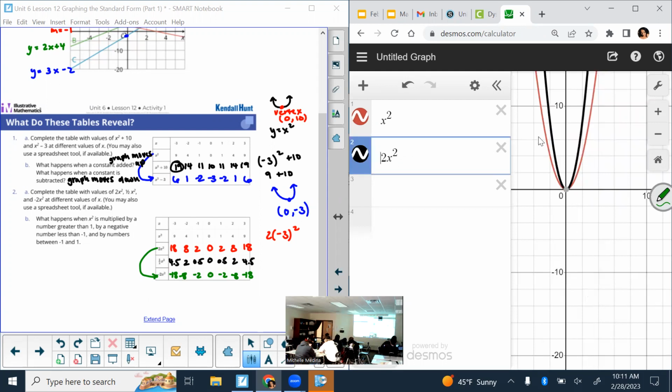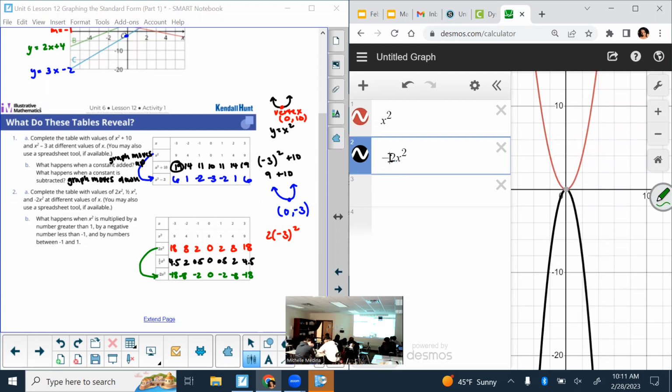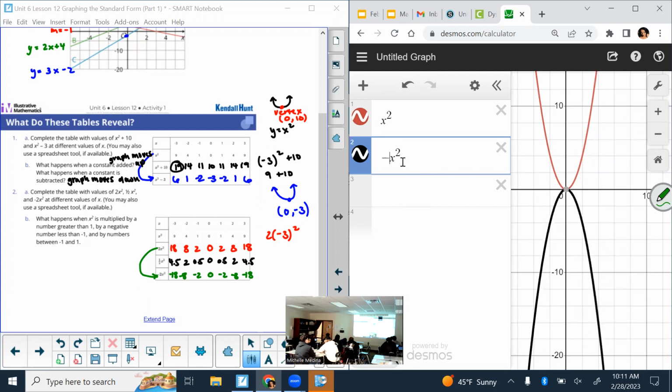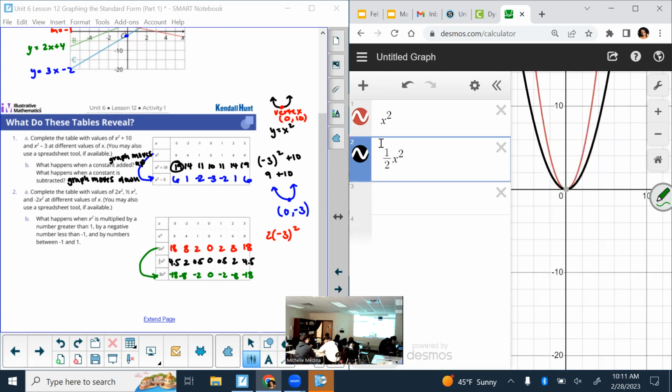It is still more narrow. Okay, so multiplying it by a number whose absolute value is bigger than 1 makes it more narrow. What makes it flip is the negative. So the negative makes it flip or reflect. And then multiplying it by a number between 0 and 1 makes it wider. Okay, so we're going to summarize all that right here.